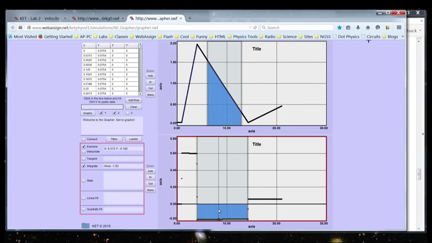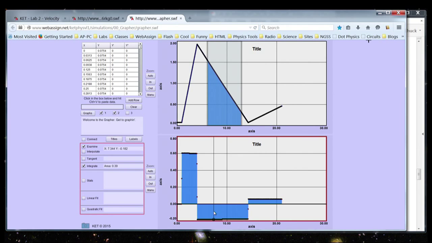I'm trying to think why that's 182. That's supposed to be, yeah, I guess that makes sense. That's the display. Well, looks like it's off a bit. The area under here should be equal to the change in height of this up here, which doesn't seem right to me. Well, I apologize. I'll have to examine that.